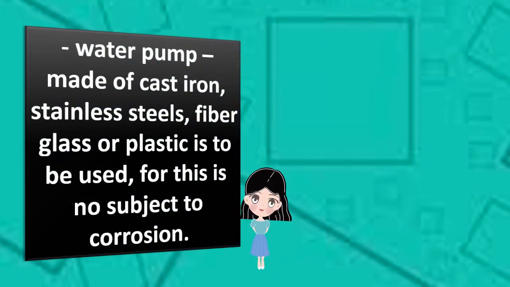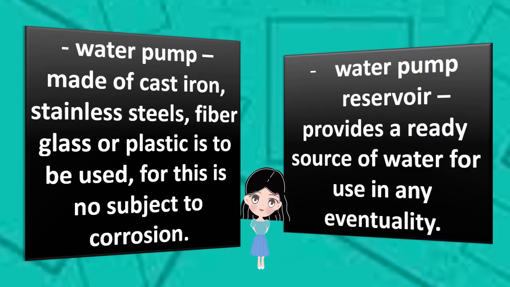Water pump, made of cast iron, stainless steel, fiberglass, or plastic, is to be used so it is not subject to corrosion. Water pump reservoir provides a ready source of water for use in any eventuality.